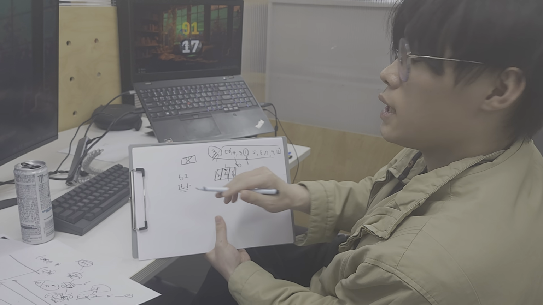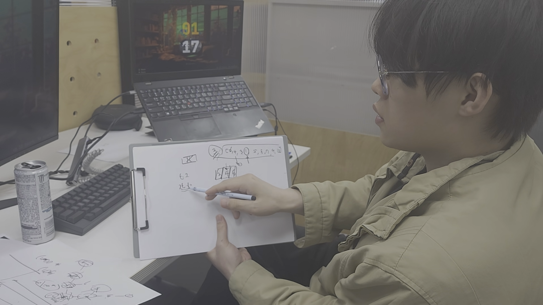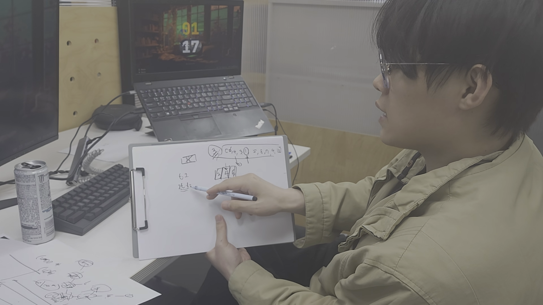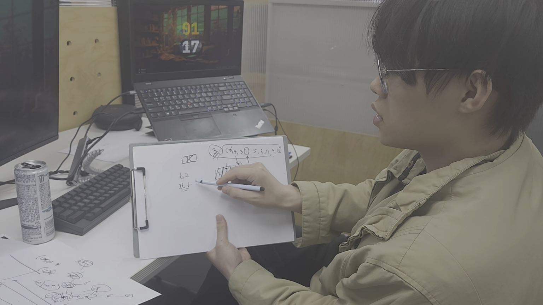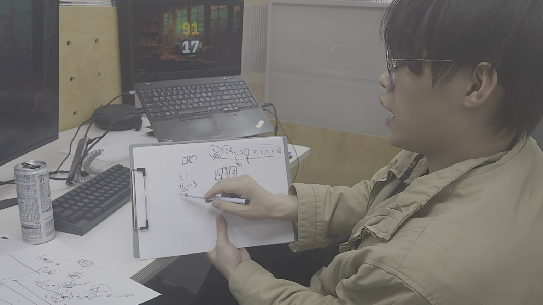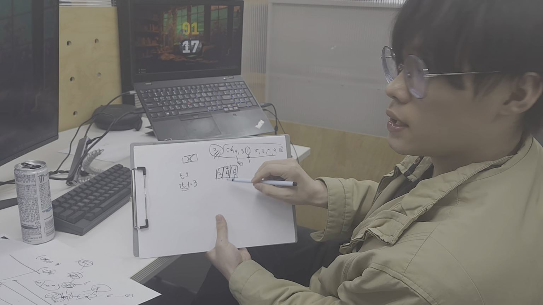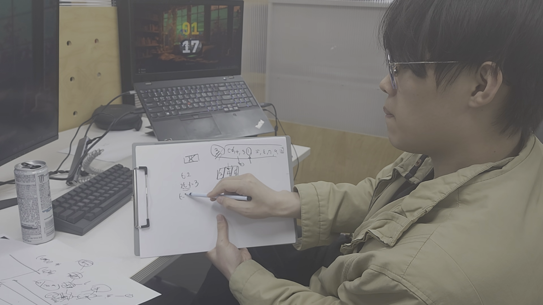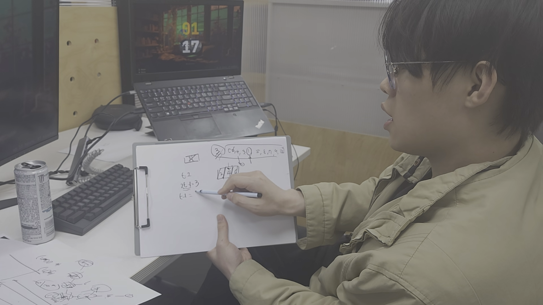Which means the key length is always odd. So of course we have 3, and the primary key index is 2t minus 1, which is 1.